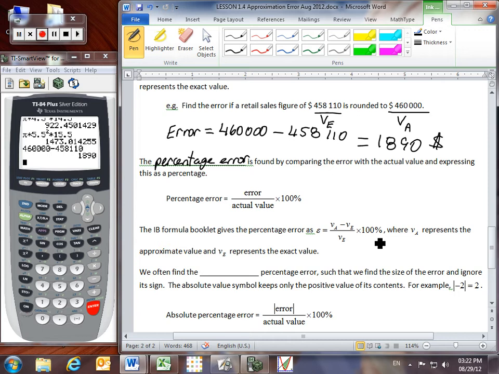Now we often find the absolute percentage error so that we don't have to worry about our error being negative. It's just going to be sort of 6% off. Maybe we were 6% too high. Maybe we're 6% too low. And so by putting an absolute value sign around my error, it forces it to be a positive value.